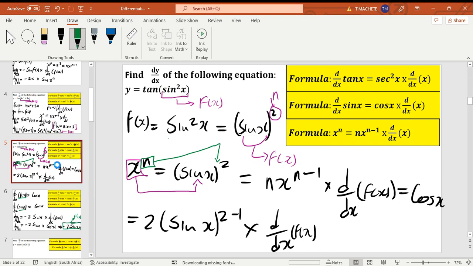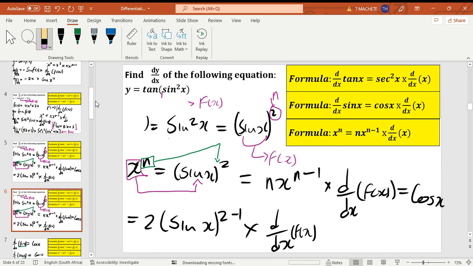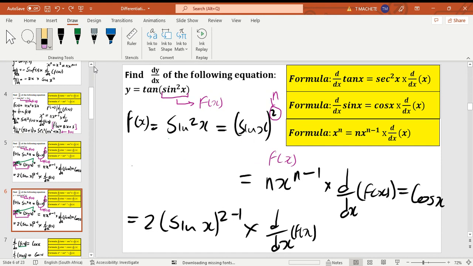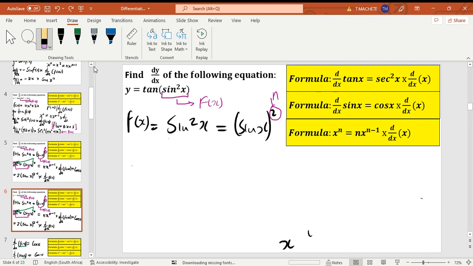Don't forget, guys. You're going to have to substitute this back to the original formula. The whole point of doing those workings was to find our f prime. So I'm going to substitute that f prime back to the original equation.